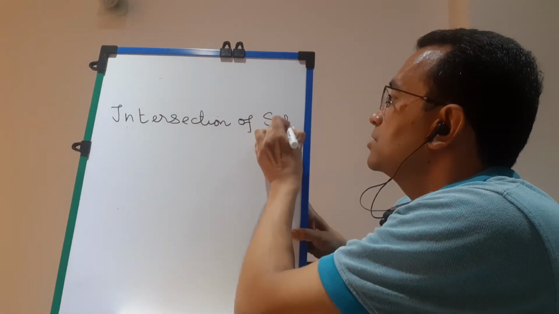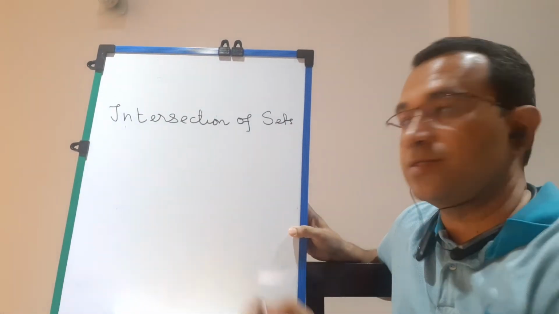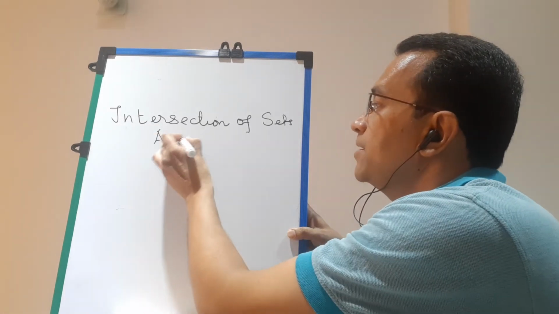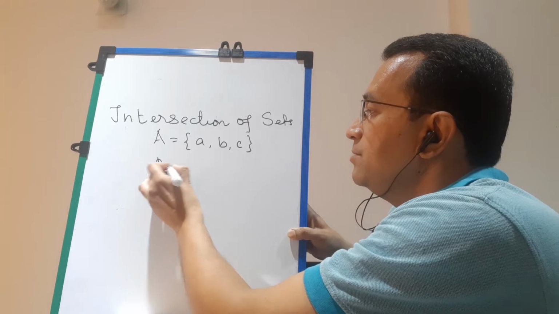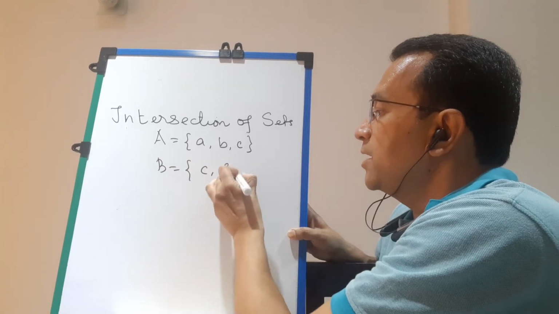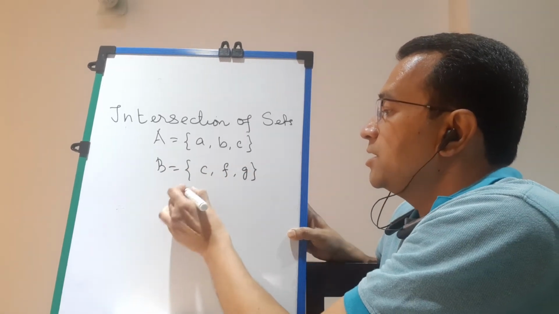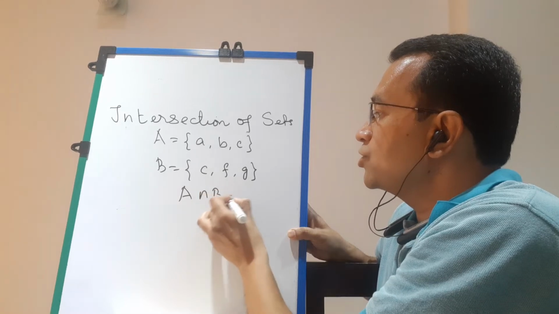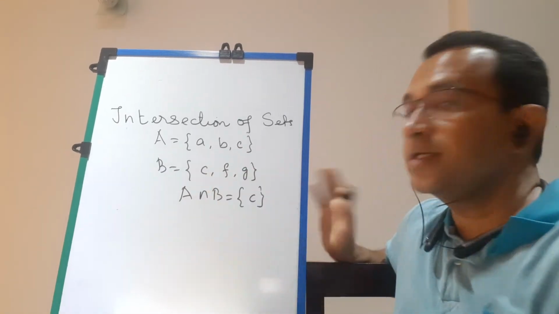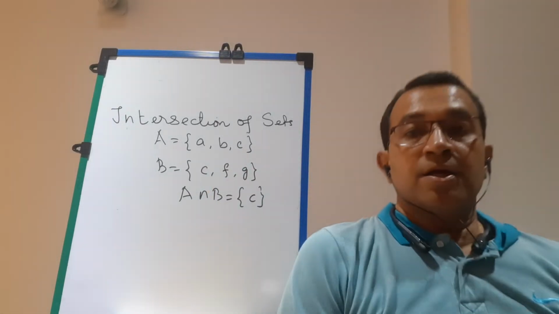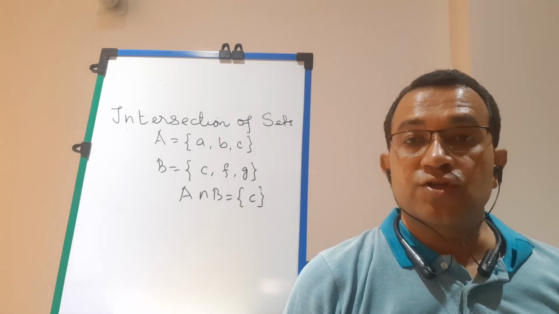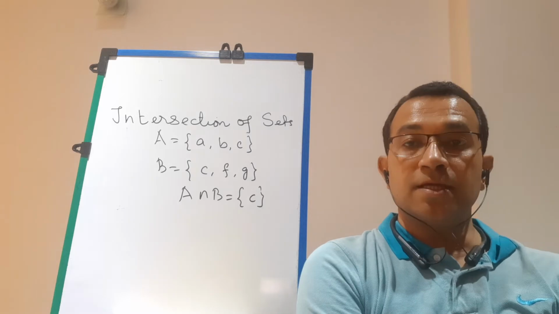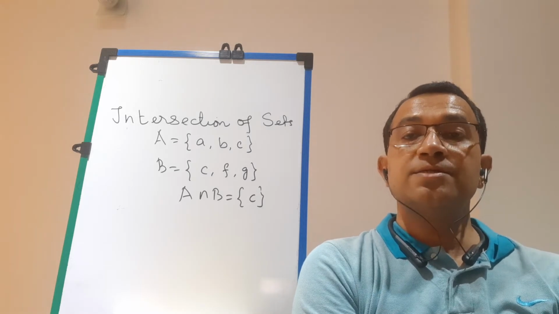Intersection of sets. Say I have two sets, A is equal to {A, B, C}, and say B is equal to {C, F, G}. Then A intersection B is singleton set {C}. So students, how would you define the set operation intersection? Let A and B be any two non-empty sets.